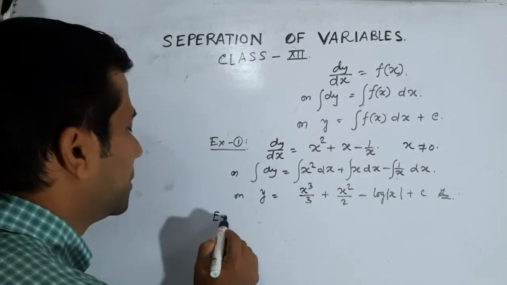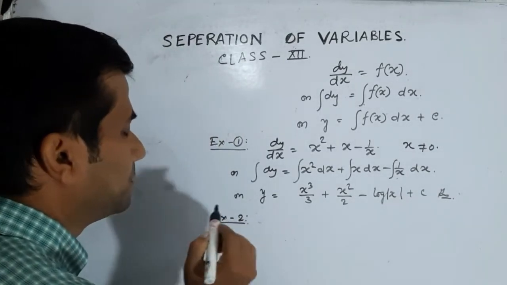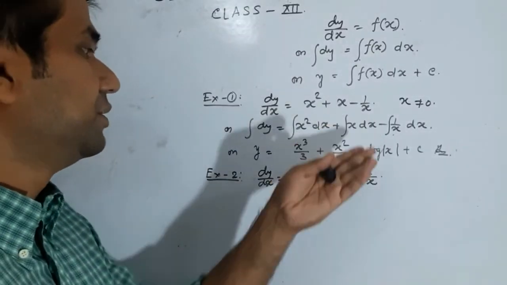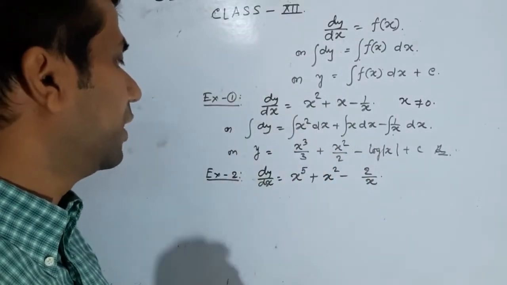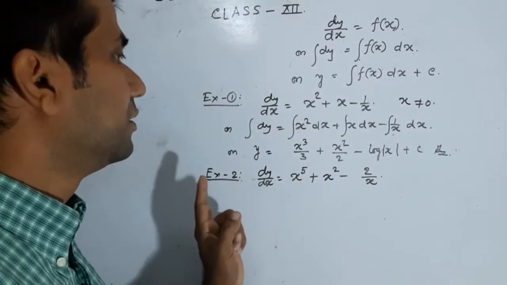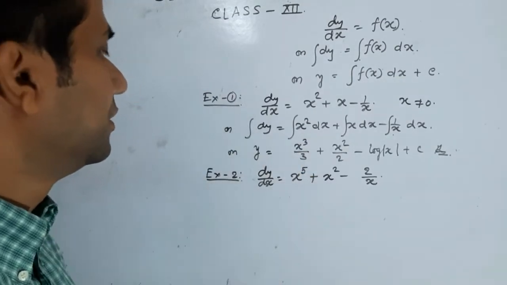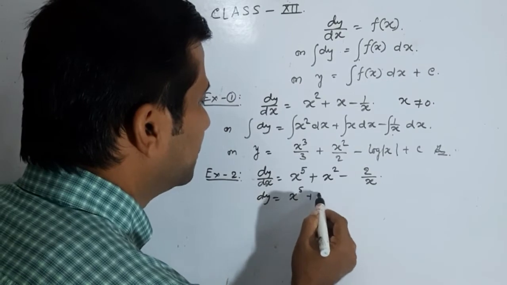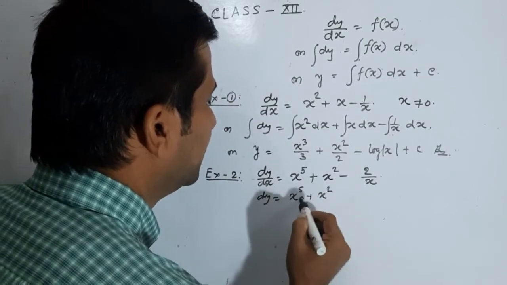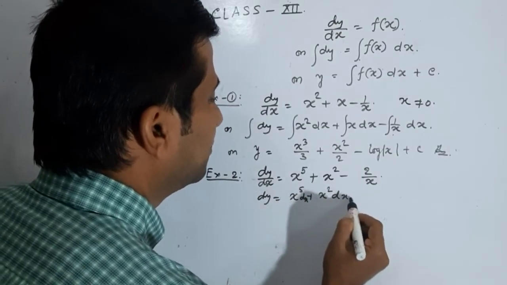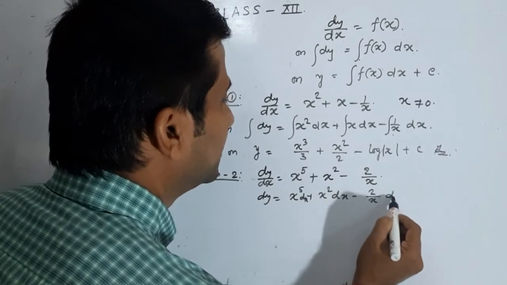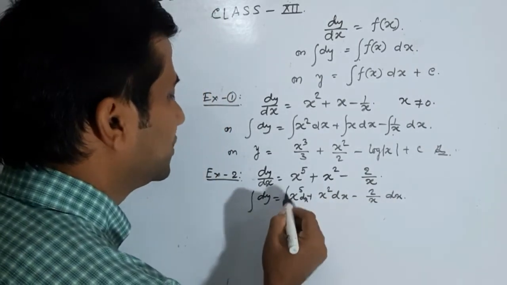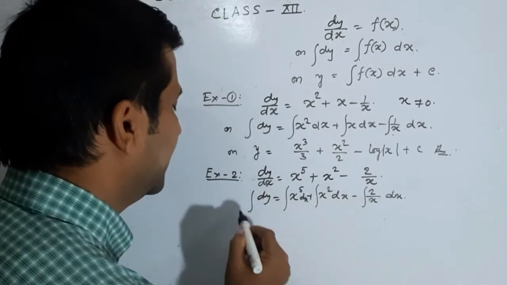Example 2. This problem is similar to example 1. This is solved in this way: dy = (x to the power 5 plus x square) dx minus 2 by x dx. Integrating both sides, you get the required answer.